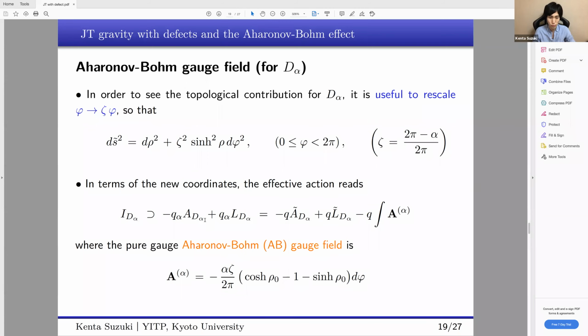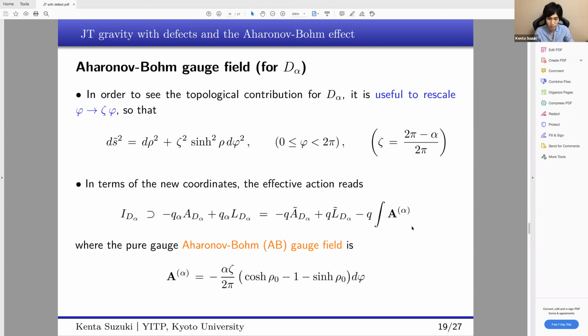But we can also write down these contributions in terms of the new rescaled coordinates. So that gives the area contribution and boundary circumference contribution in terms of the new rescaled coordinates. That's why we have a tilde here and here. But this rewriting also gives us an additional contribution.